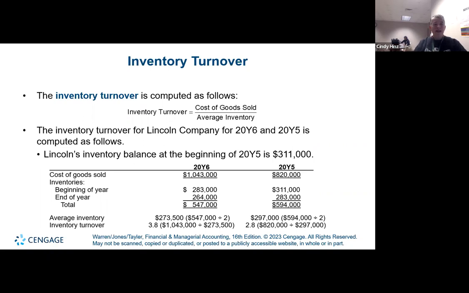And then we divide that by average inventory, which of course is the beginning and ending balance added together and divided by 2. The book shows you a different calculation for days inventory on hand. Theirs is just unnecessarily complicated.